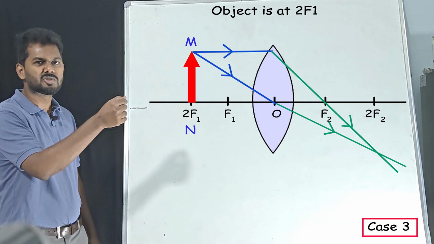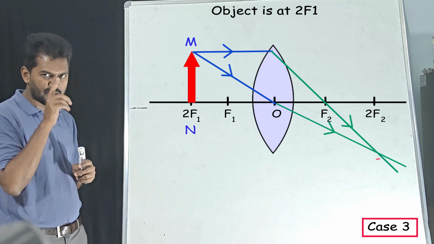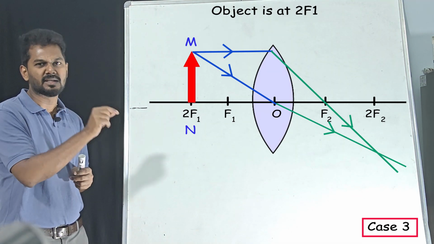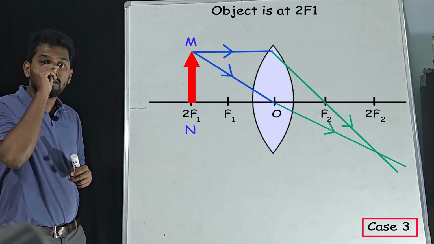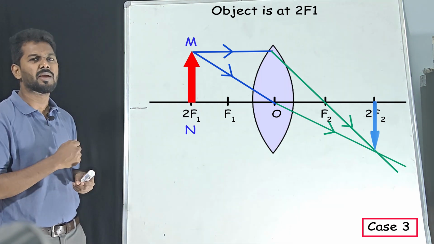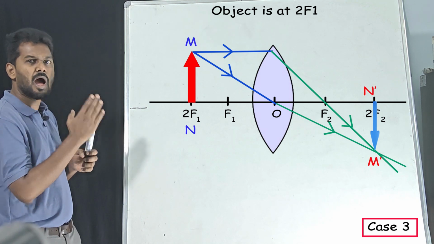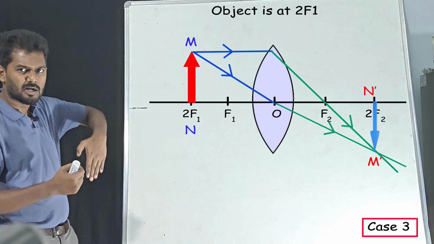So where these two rays are intersecting, can you see any intersection? Yes, these two rays are intersecting at some point, correct? At that point we are going to get the image. How is the image? Compare the object and image. Object is upward and the image is downward.